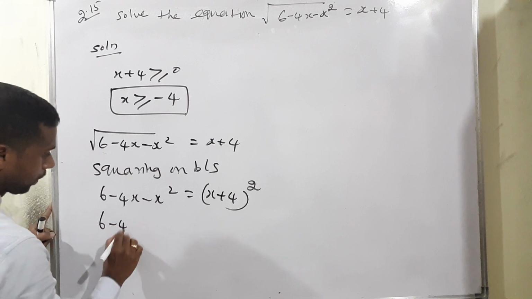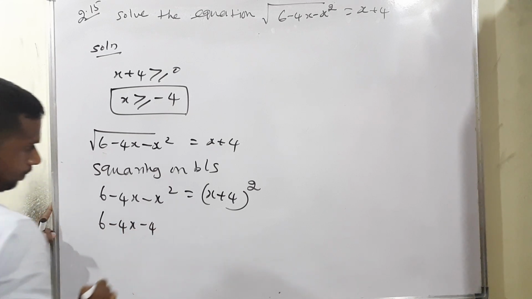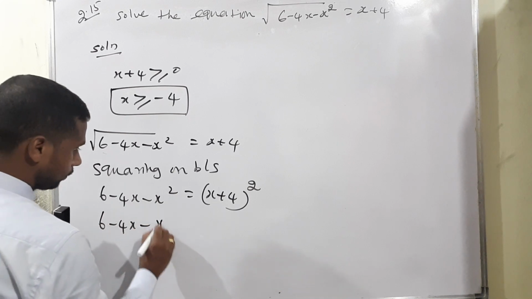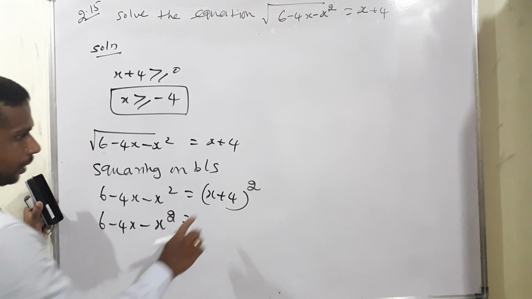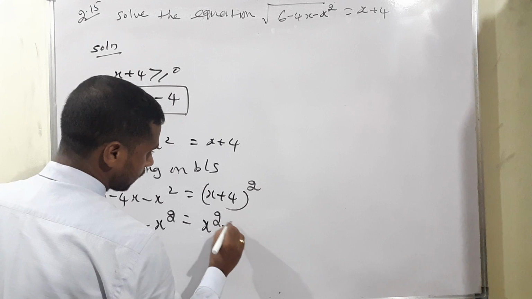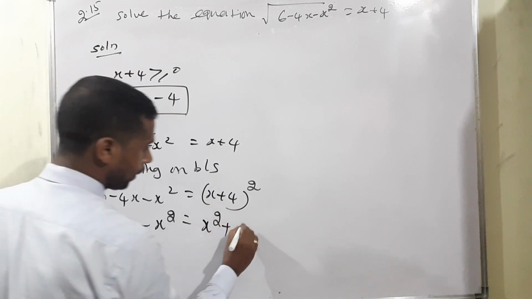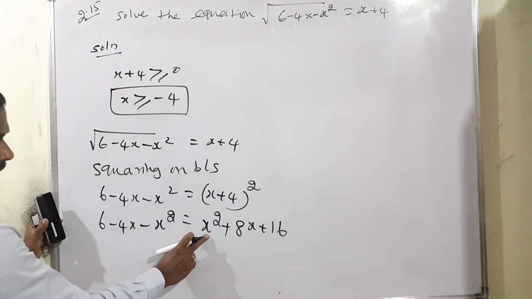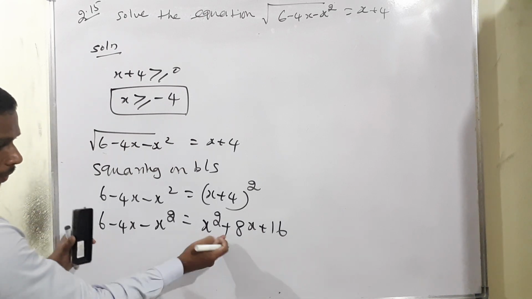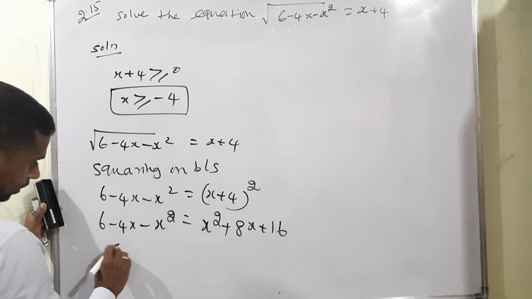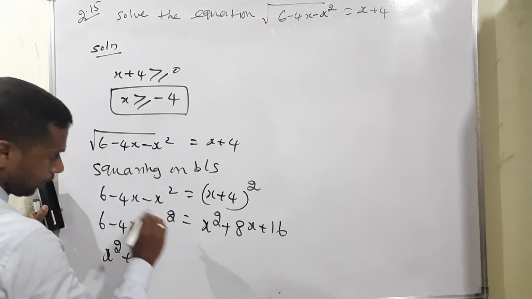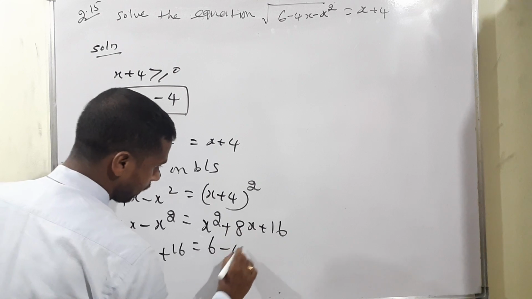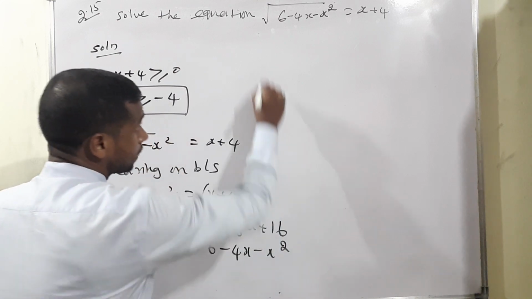Now x plus 4 the whole square is in the a plus b the whole square form: x square, 2ab, 2 into 4 is 8, 8x, 4 square means 16. Again x square is a positive term. Bringing it to the opposite side, x square plus 8x plus 16 is equal to 6 minus 4x minus x square.